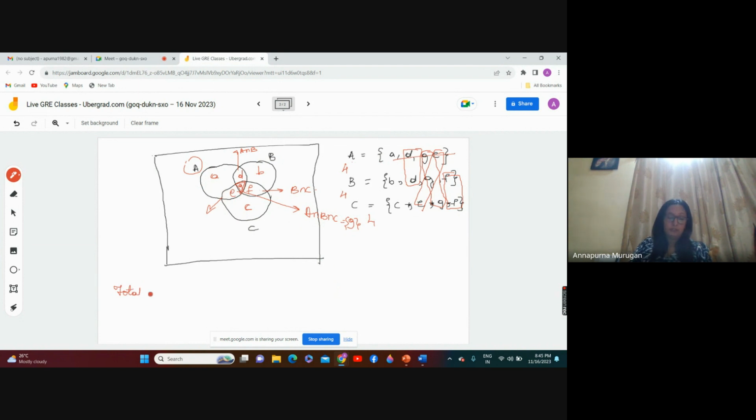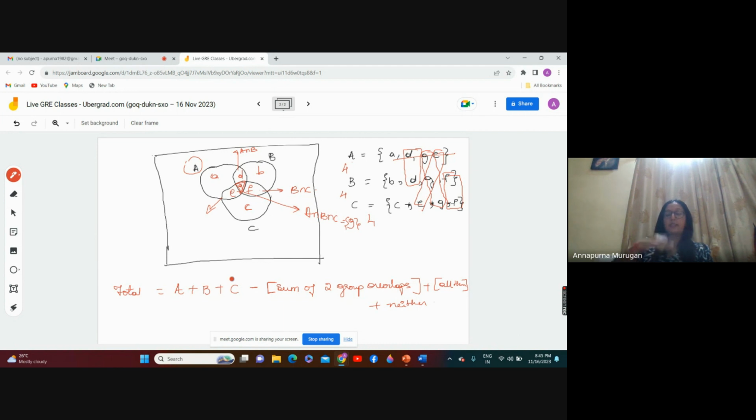is equal to what? Set A plus set B plus set C, minus the sum of two groups overlapping, plus all three, what is present in all three, plus neither, that means not present in any of them.